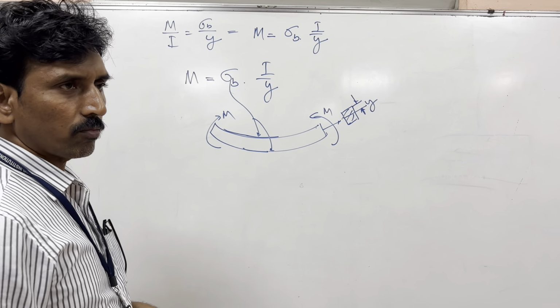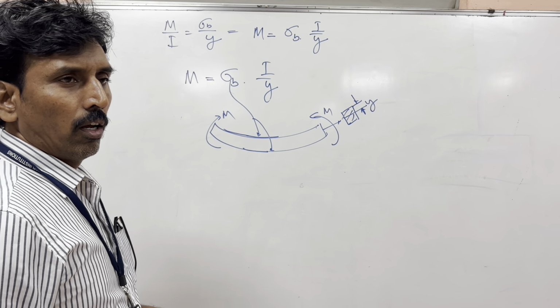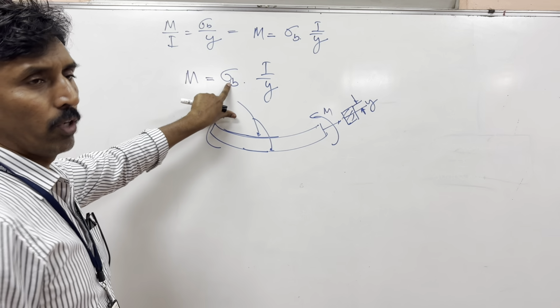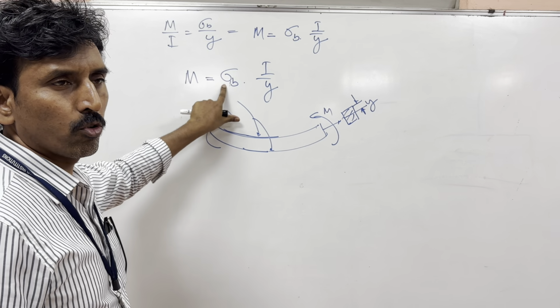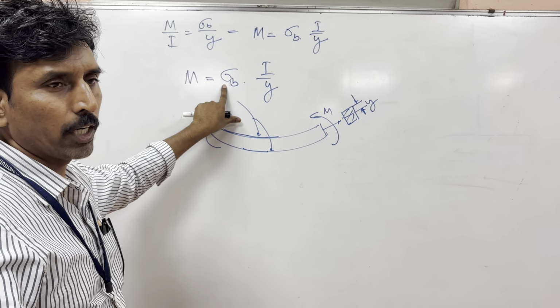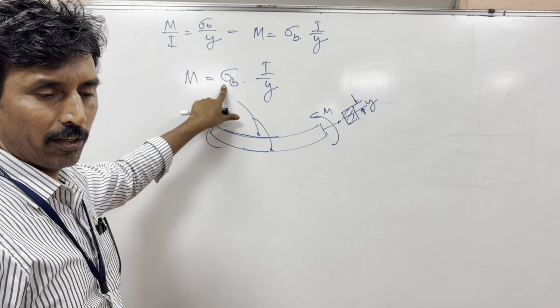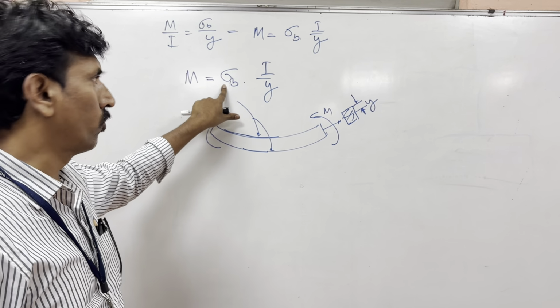Now for a fixed value of bending stress, you know that wood has some bending stress like 20 MPa, steel has some maximum stress like 300 or 400.